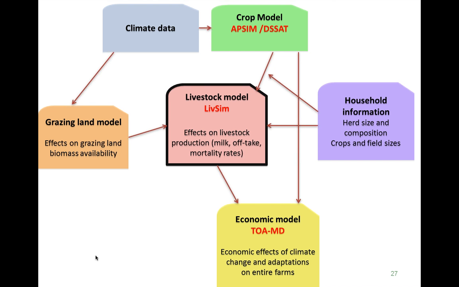David asks, in extensive livestock production systems, can LivSim incorporate rainfall data as the major predictor of forage availability and hence mobility and animal performance? Yeah, that is also something I will talk about later. In terms of animal mobility, that is not really something that LivSim takes into account in great detail. We talked a bit about walking distances, but that is, for now at least, a rather fixed average parameter.